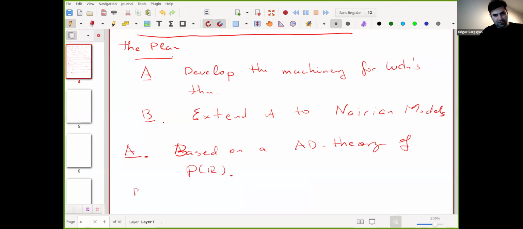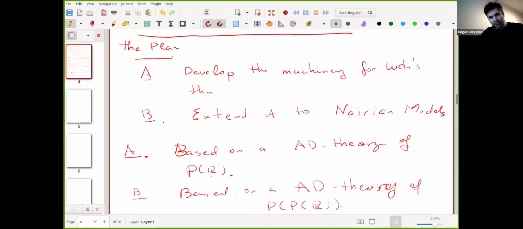And B will be based on an AD theory of the power set of the power set of reals. So if you don't understand the theory of the power set of reals, we cannot extend it to the next level. And that's what's happening, right?